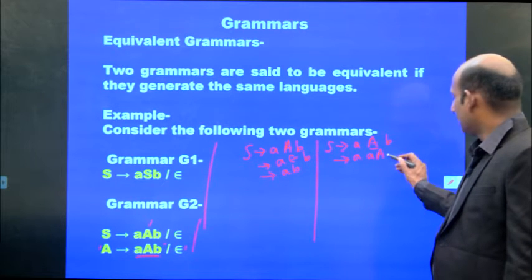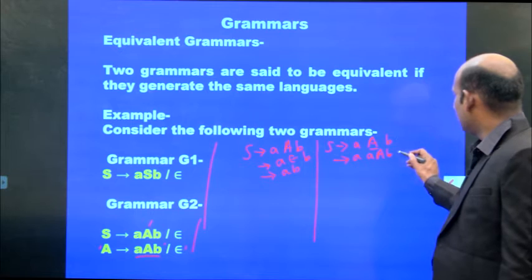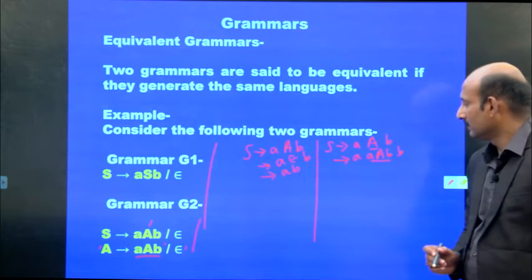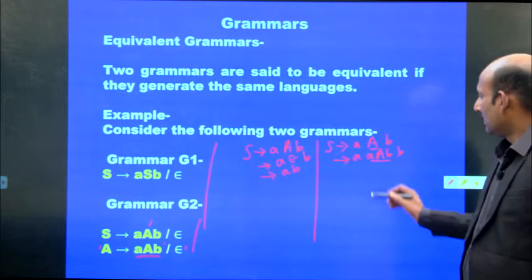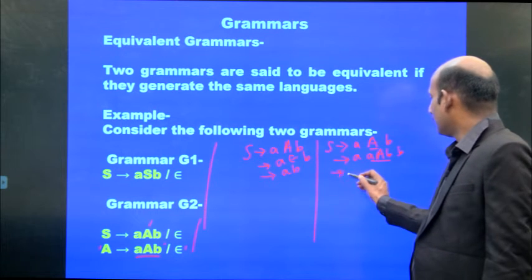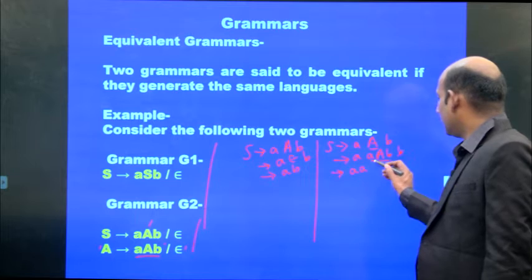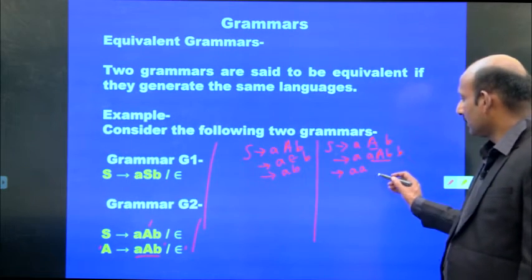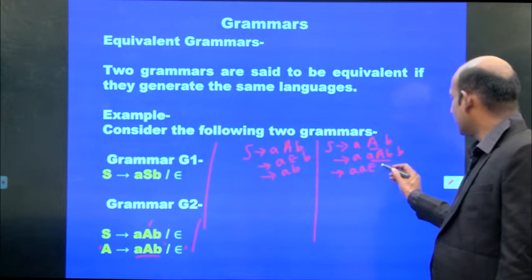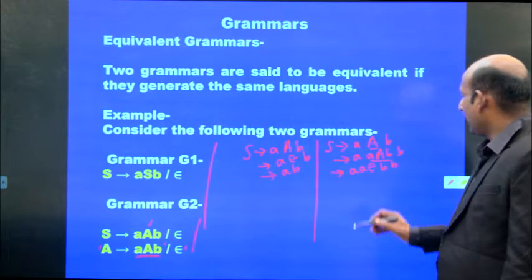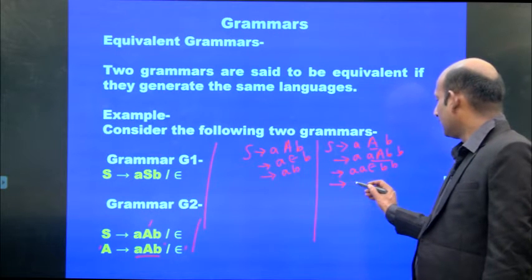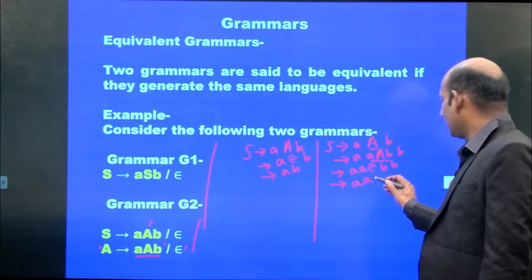A, B. This B already exists. Now, it is going to replace this A by epsilon. So I may go for replacing that one: AA epsilon BB. Then I may get AABB.